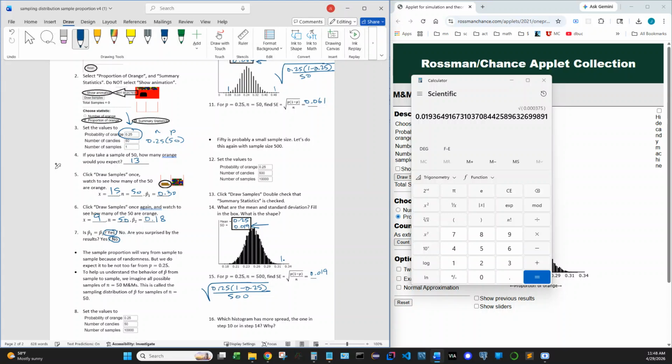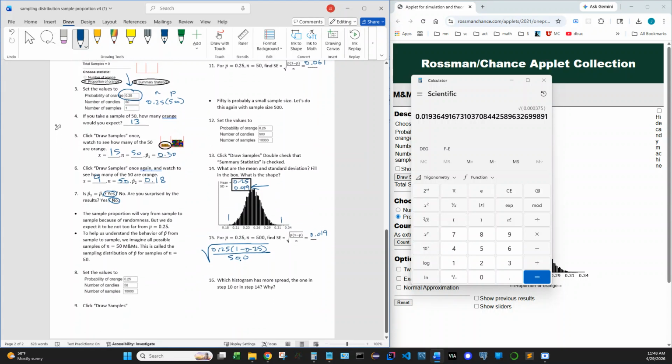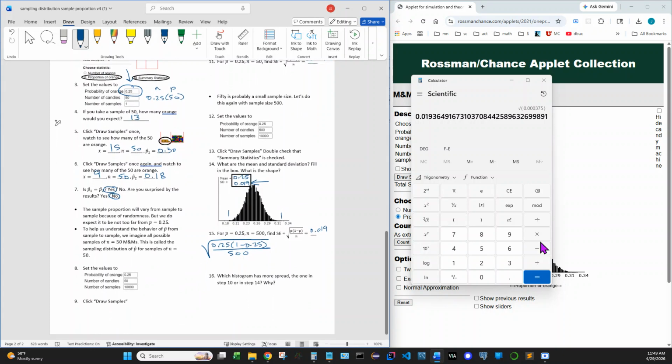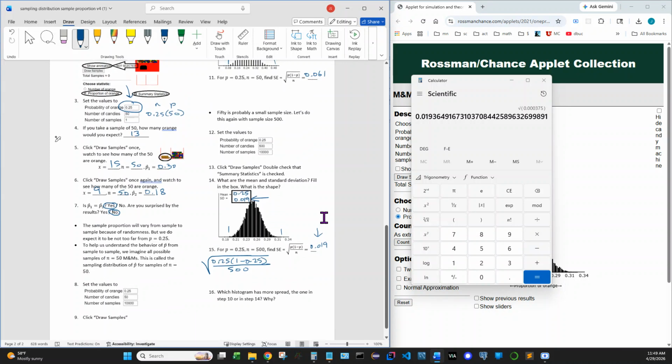Whereas with this one, it doesn't really look like it's very often getting over 30% or down below maybe 18%. Very rare for that to happen. And we can tell that here by the standard error for the second histogram being much less than the standard error for the first histogram up there. So the one in step 10 has more spread, and that's because it has a smaller sample size.